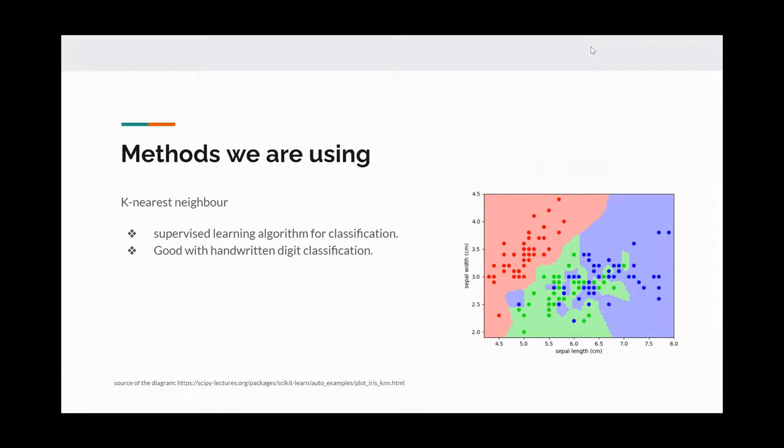So for the methods, we have 3 in mind for this project. The first one is the k-nearest neighbor algorithm. KNN is a supervised machine learning algorithm that relies on labeled input data to learn a dataset and form decision boundaries. It is a popular classification algorithm in handwritten digit recognition, so I wondered if I could use it in expression recognition.